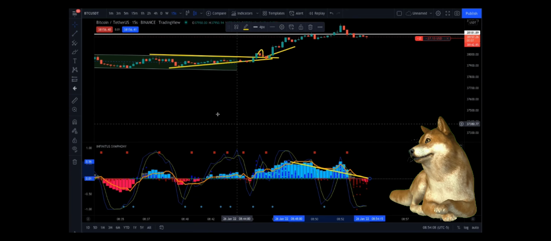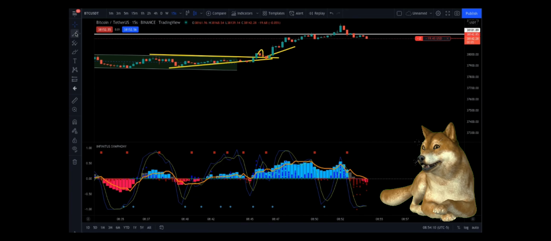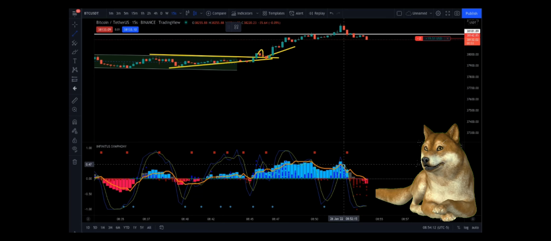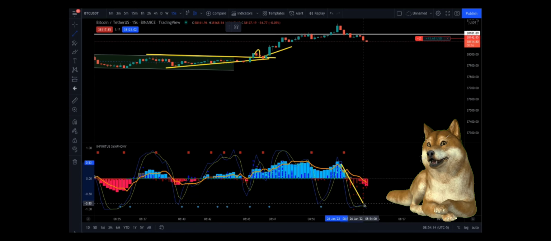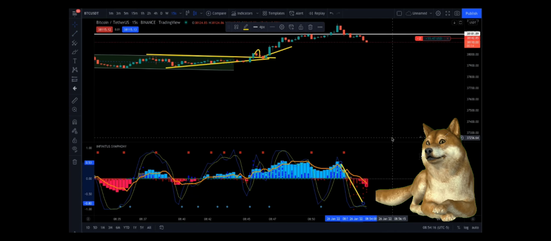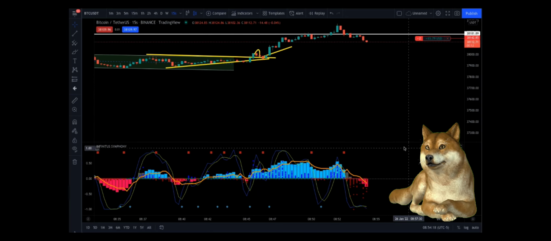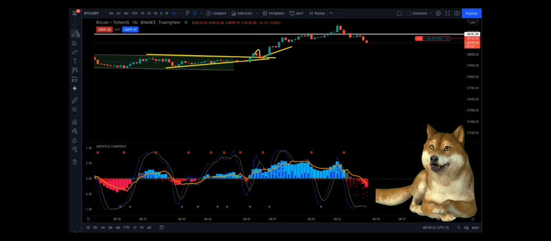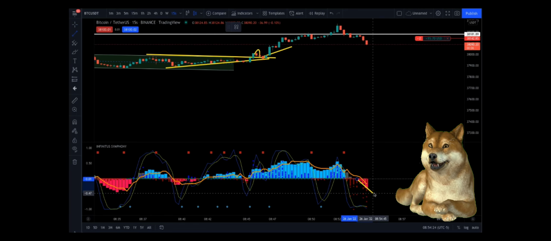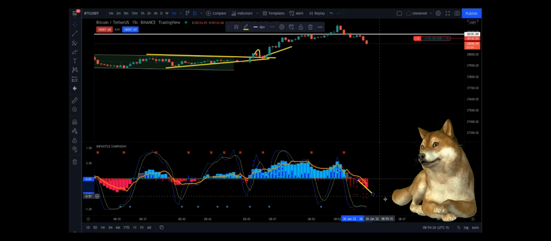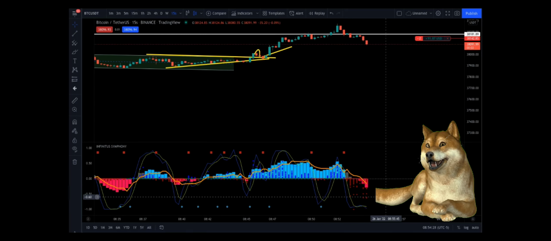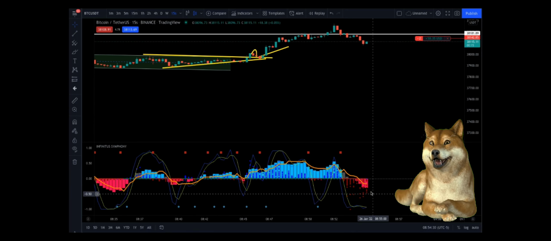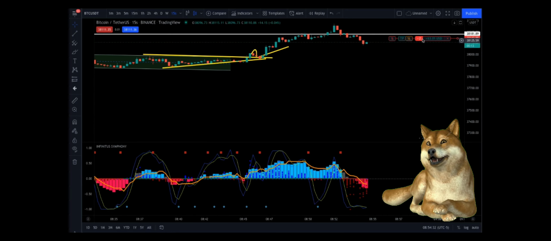We have interest increasing to the downside. We have bars headed south. So that gives us more probability in our favor. Looks like we're in the green.